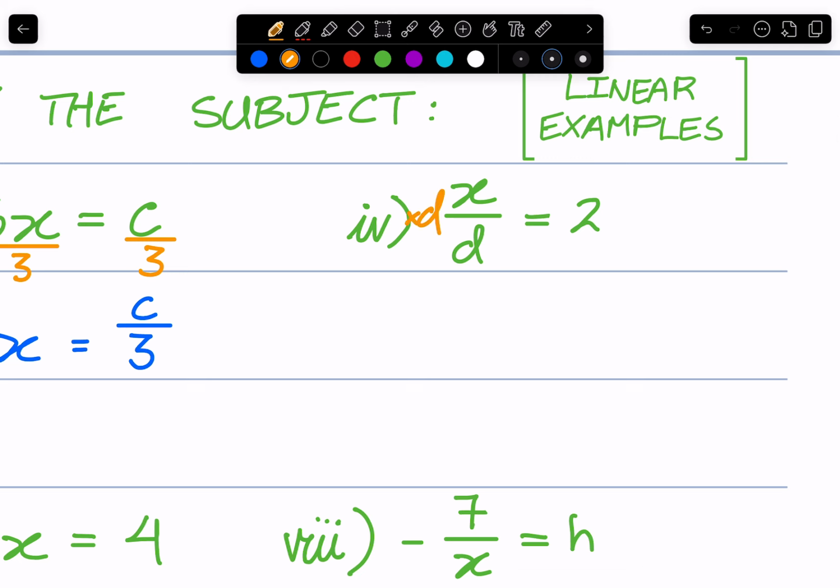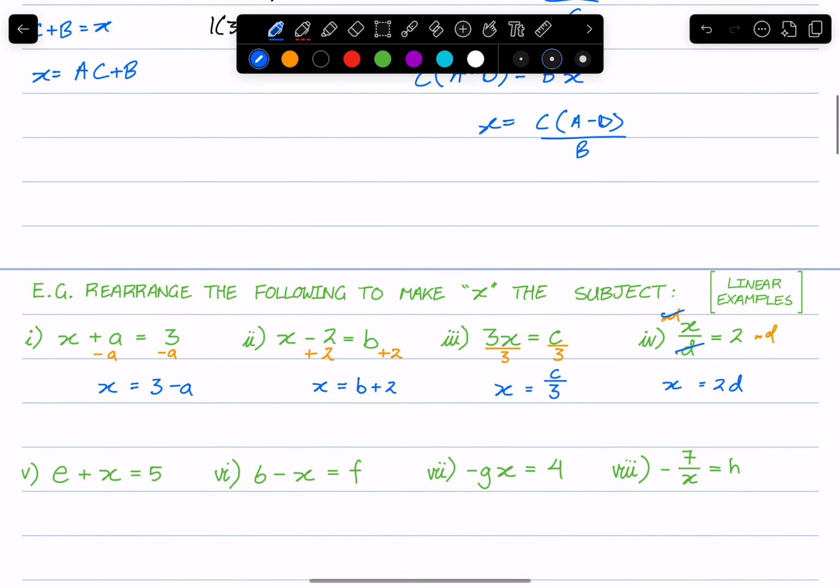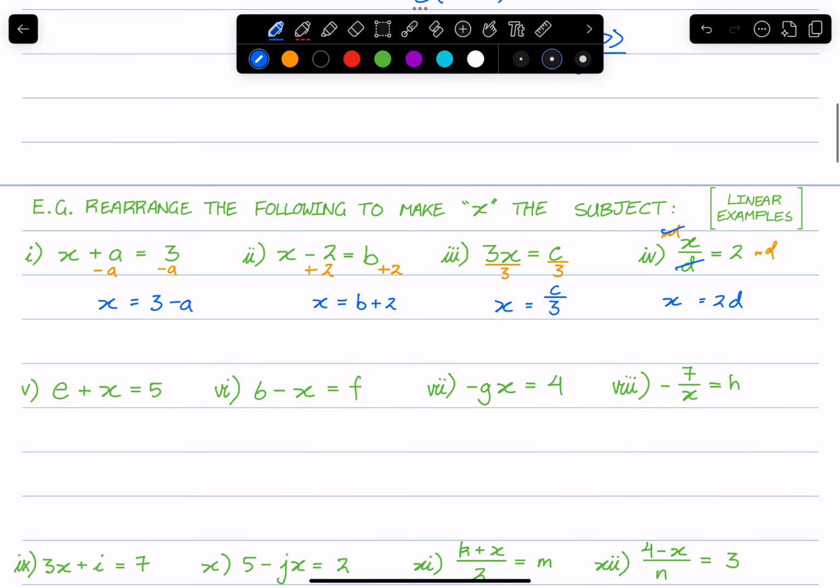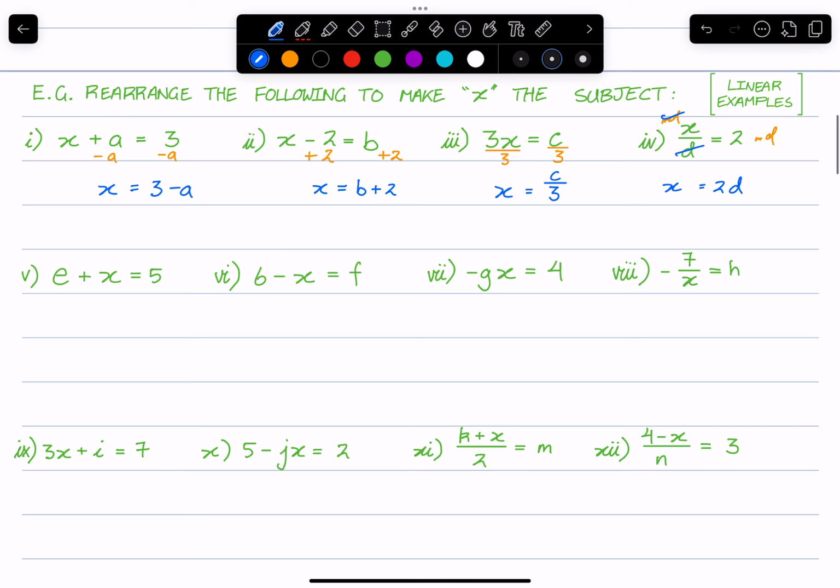So we multiply both sides by d. And this cancels out d, leaving us with x equals, this one must be written where the coefficient comes first, 2 times d. So x equals 2d. Okay, so these are very basic sets of examples. Let's move on to the next.